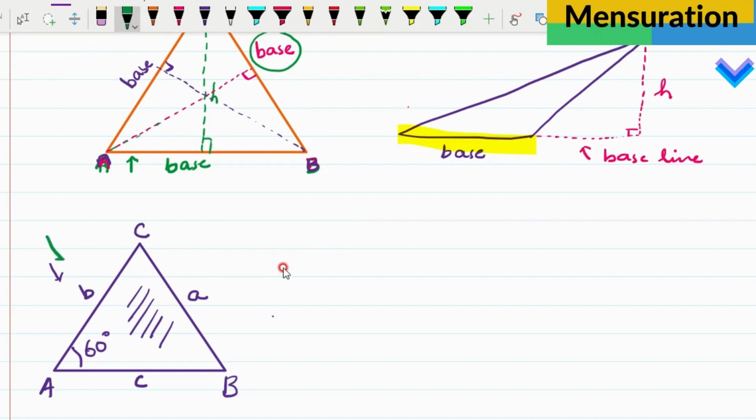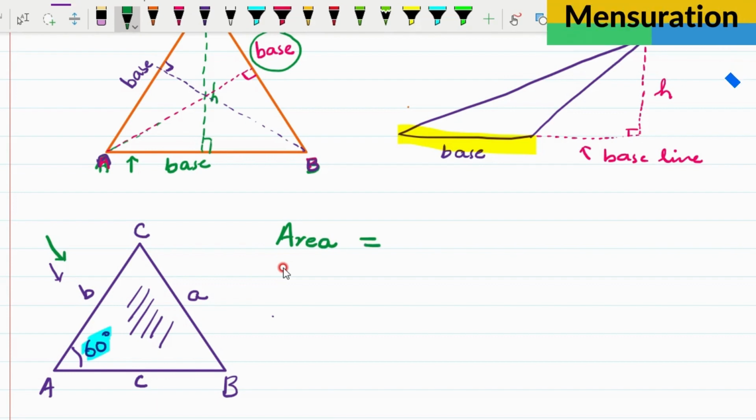Just look at this triangle once. There is no height given, no base is given. To identify the base, we need a height also. So we have to calculate the area of a triangle by using the given angle. How? Look at it.